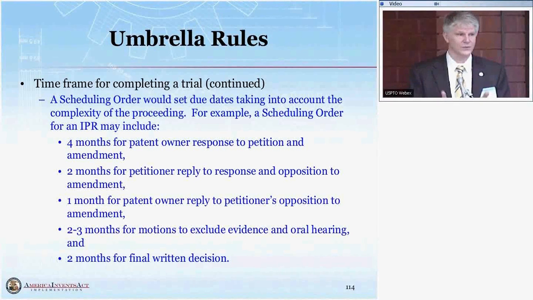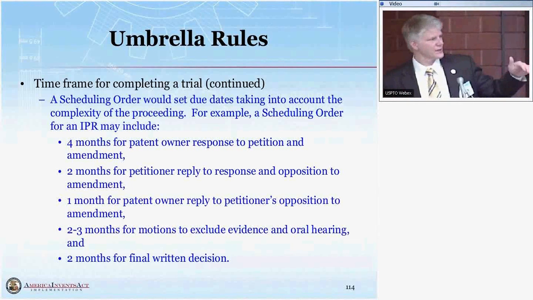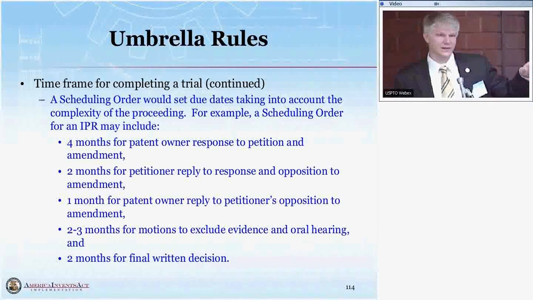When we institute, we've only instituted on the claims which meet the threshold, on the grounds that meet the threshold. So now the patent owner has a target, and they've been able to get the expert witness rebuttal evidence. They've cross-examined that expert witness, so they now know exactly what the target is, so they can put in their amendment and response. Subsequently, we will allow for the petitioner to respond to that.